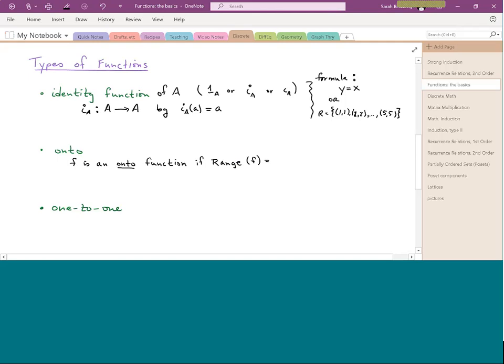Okay? So let me go ahead and write this down. Here's our function, going from A to B. If the range of the function actually equals this complete set B, then in terms of what you would check to see if a function is onto, it goes as follows.